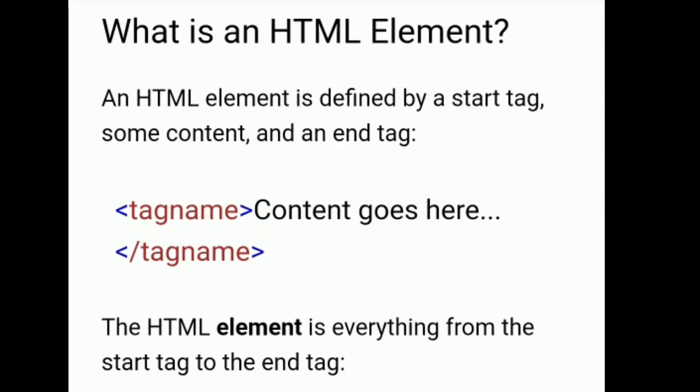For example, previously you have done two types of tags. One is the heading tag, the second one is the paragraph tag. Depending on the heading tag, you have different sizes. The total heading tags are 6: h1, h2, h3, h4, h5, h6. h1 is the starting tag, and /h1 is the closing tag.